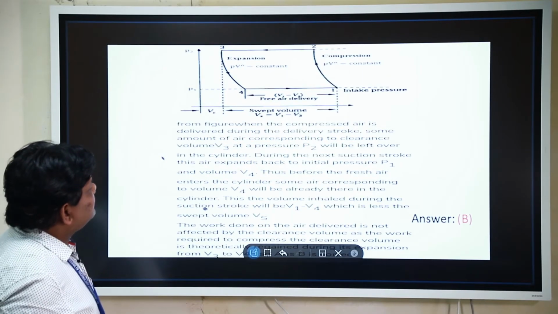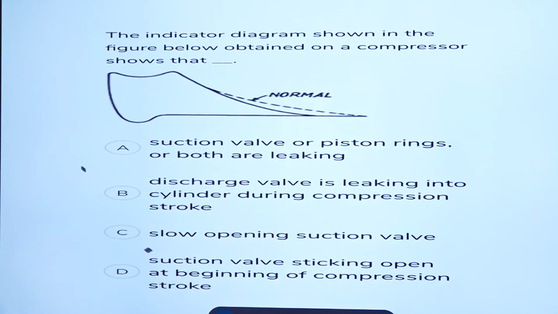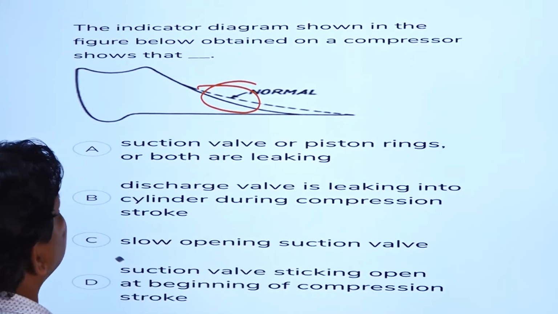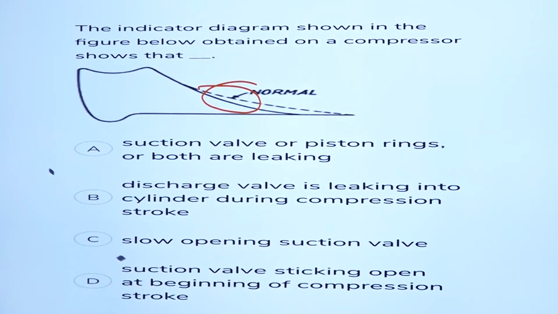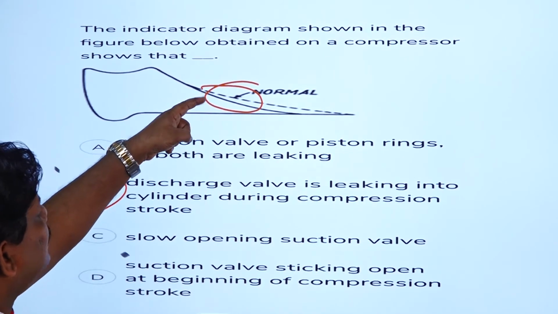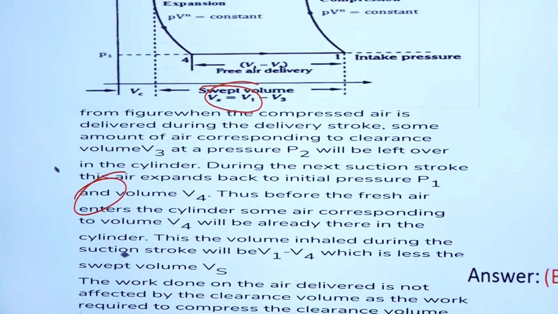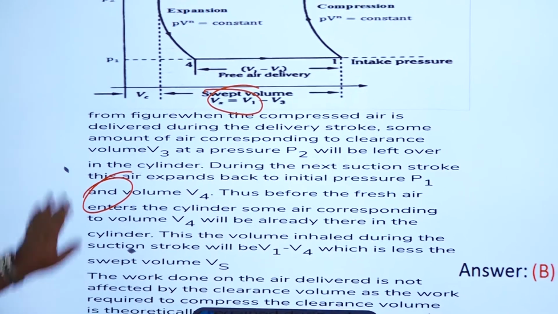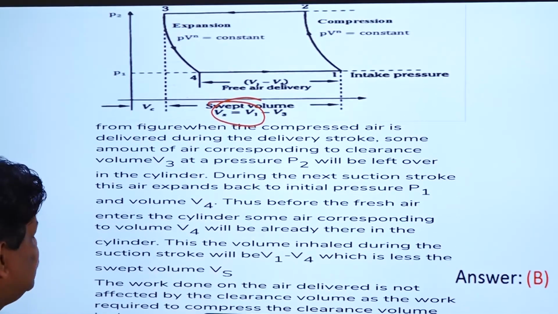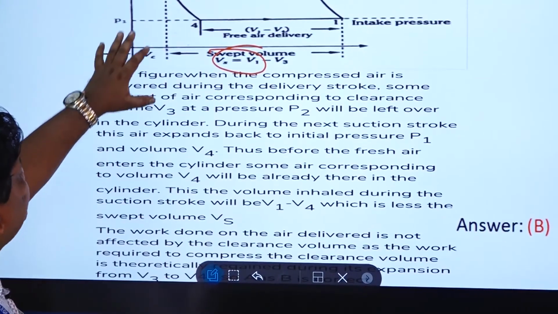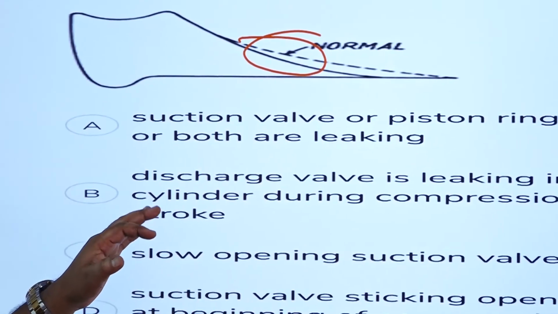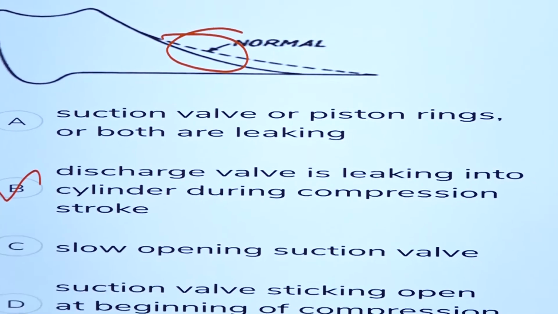And the next one is the indicated diagram shown in the figure on a compressor. It shows that the discharge valve is leaking into the cylinder during the compression stroke. So the answer is B. The work done on the air delivered is not affected by the clearance volume. From this diagram, you can easily say that the discharge valve is leaking into the cylinder during this compression stroke.